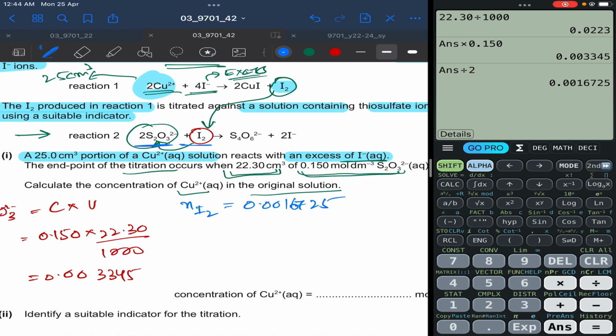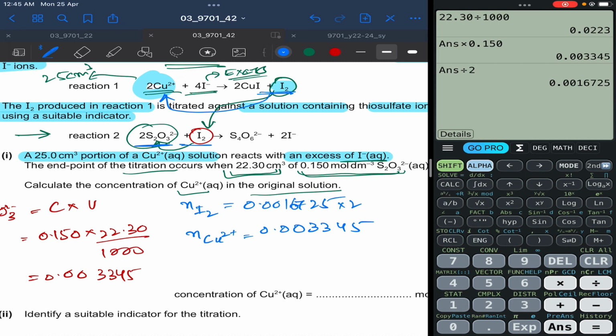And next we would convert moles of iodine into moles of copper ions, and the ratio is 1:2. So again we have to multiply it by 2. So moles of copper ions Cu2+ would be equal to 0.003345. Now we have moles of copper ions.